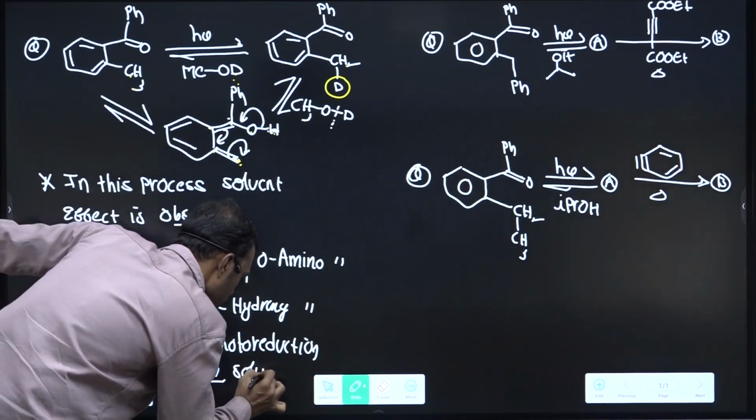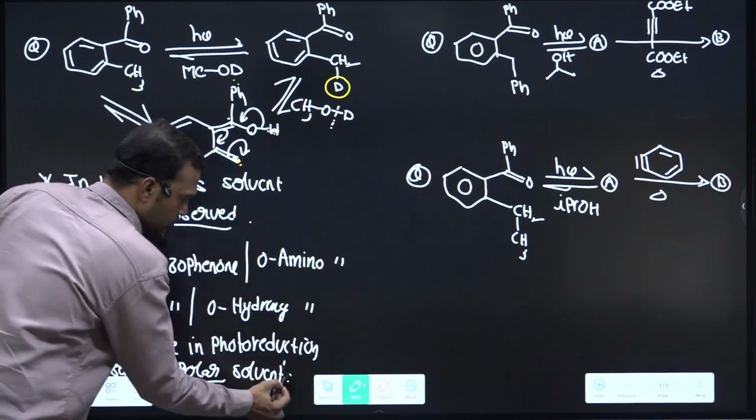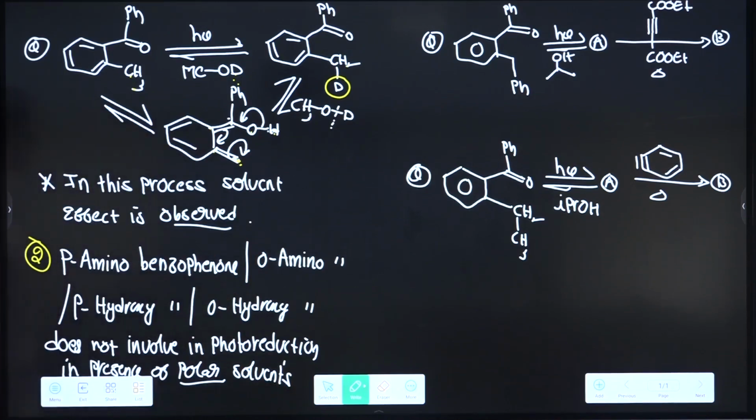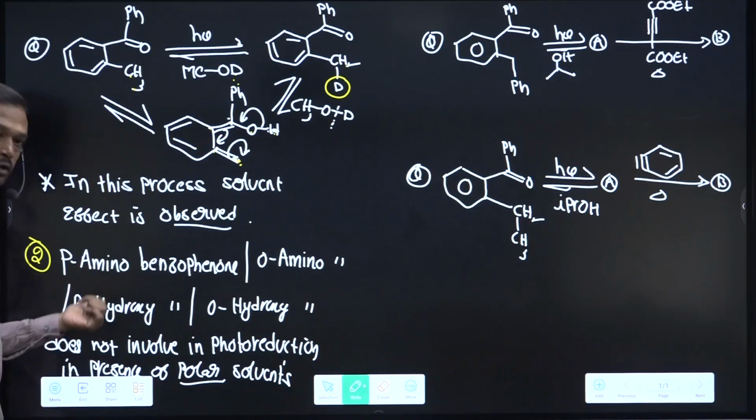If I take any polar solvent, these groups never get involved in photoreduction. Polar solvent means alcohol, water, acids, etc. When any polar solvent is given, this molecule never undergoes photoreduction.